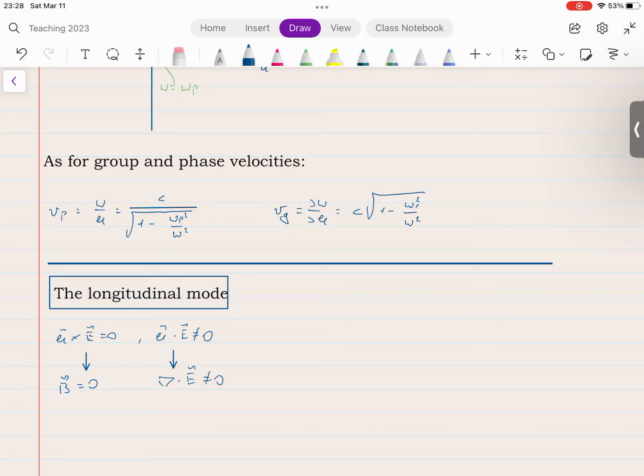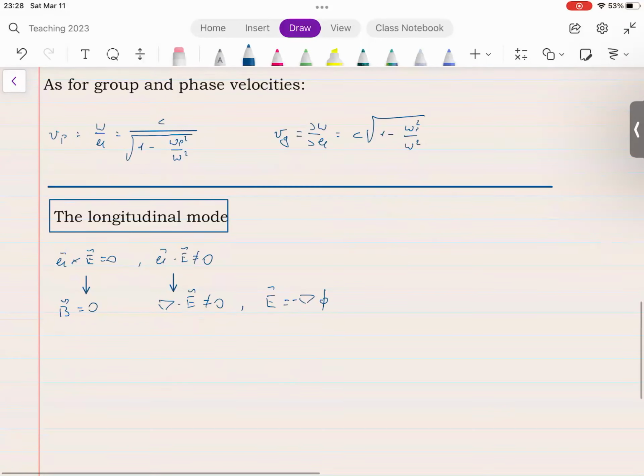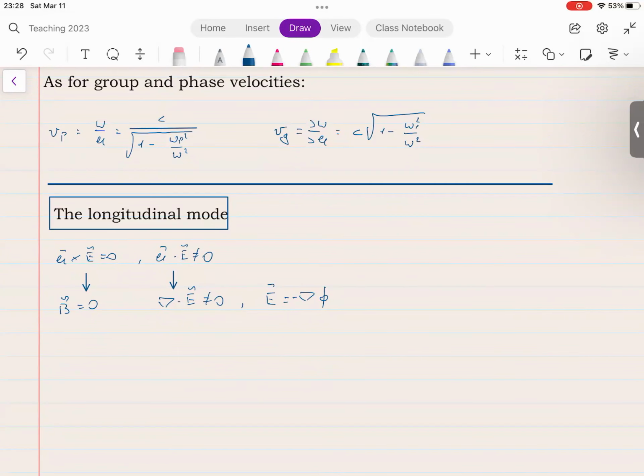But since the curl of E is 0, I can write E as a gradient. Our textbook prefers the minus sign, it doesn't really matter. You see from all of these pieces that this is an electrostatic mode, by which I mean that there is no electromagnetic wave because there is no magnetic field.